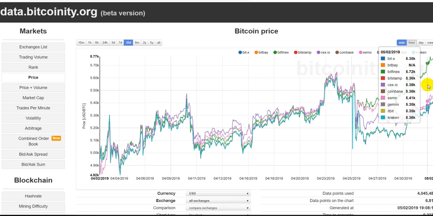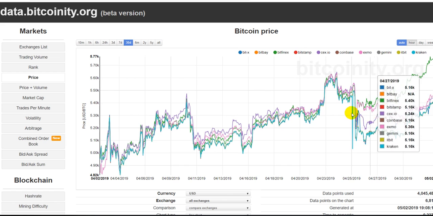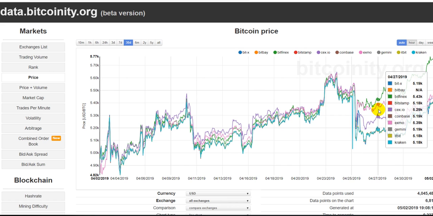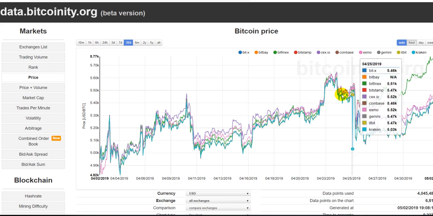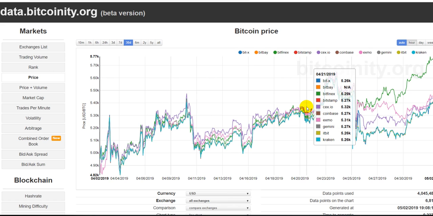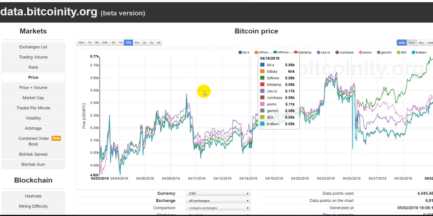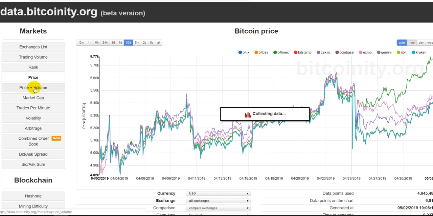Of course, this is because all people are trying to get out of Tether, and so they went into Bitcoin, and that's probably the reason why we have such a big difference now. But it's really interesting. I don't know of any other page which shows something like that.